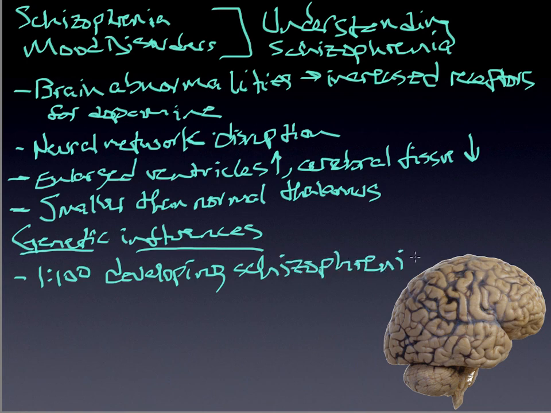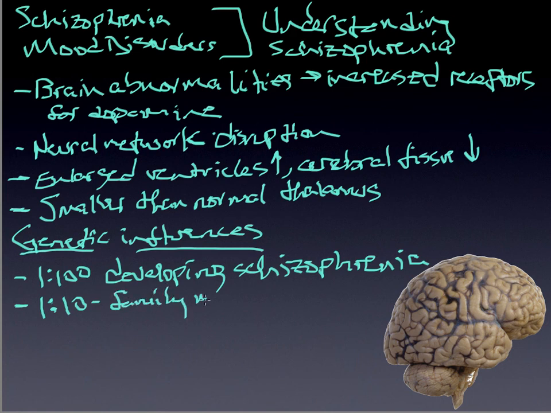And that's just a random sampling of people. It rises from 1% to 10%, 1 in 10, if a family member has schizophrenia.